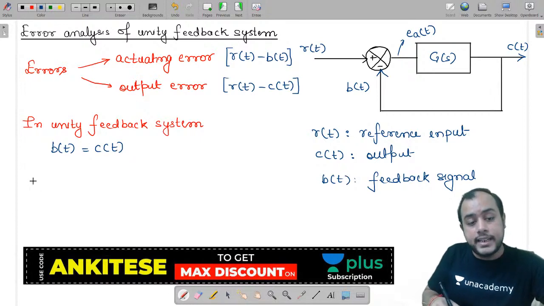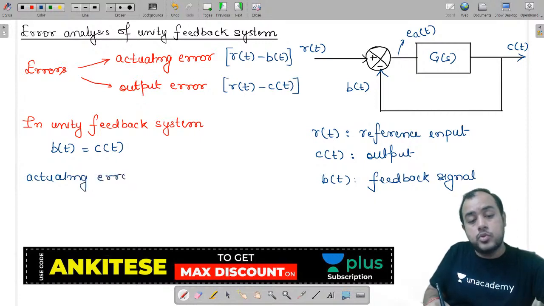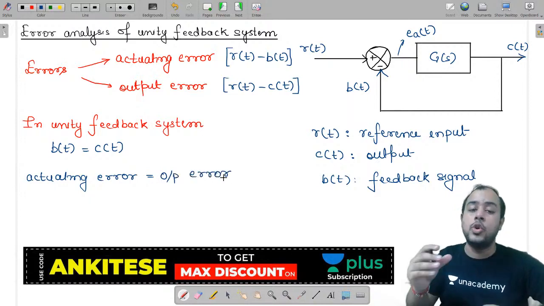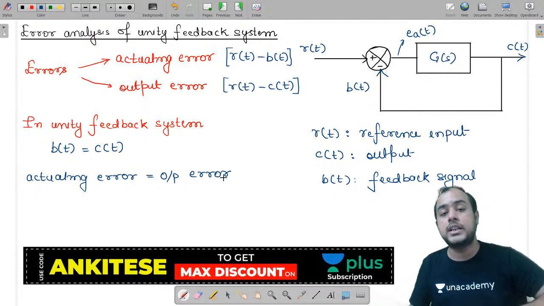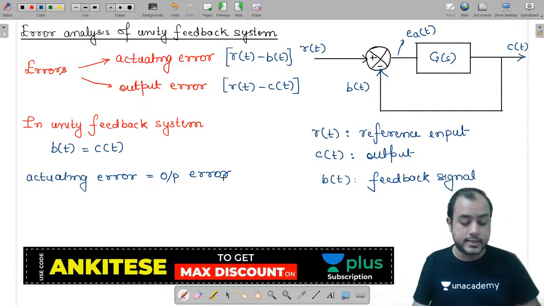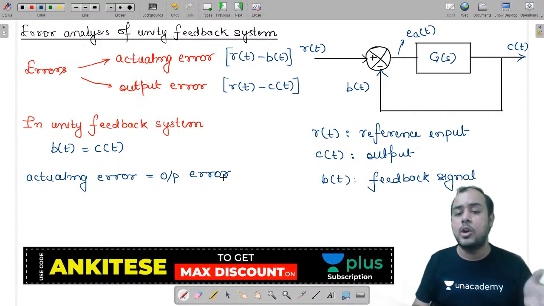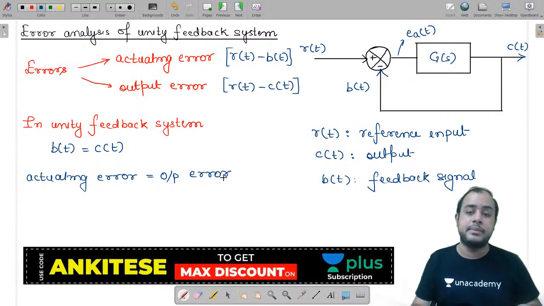If BT and CT are same, then actuating error is equal to output error. And that is why there is no controversy. When we talk about a unity feedback system, there is no controversy. Why? Because actuating and the output error are one and the same thing.